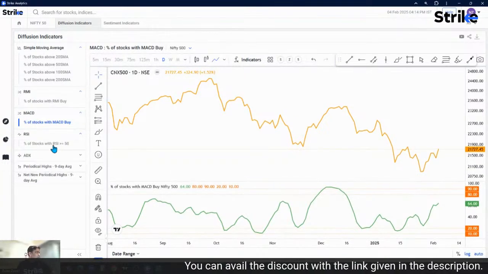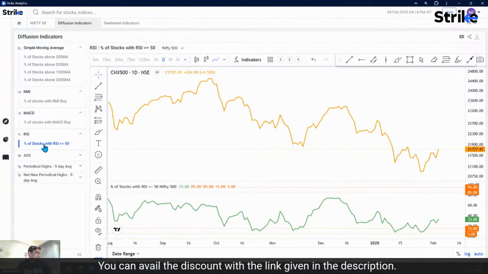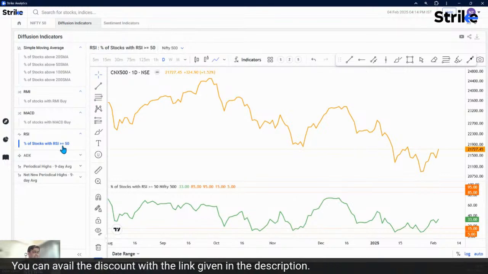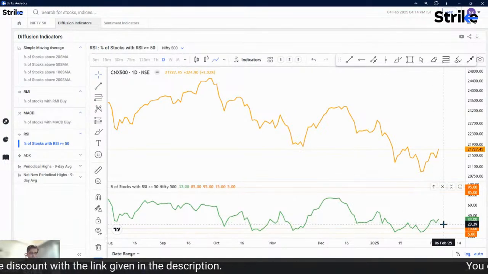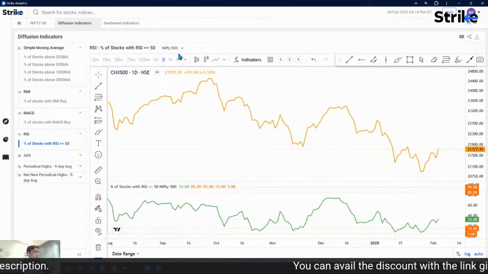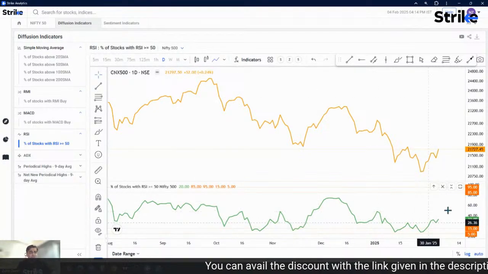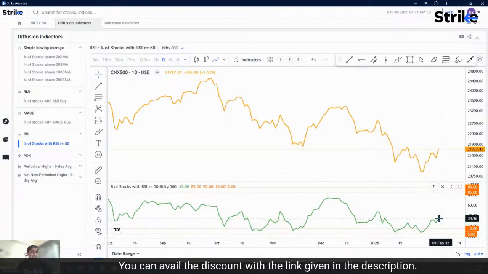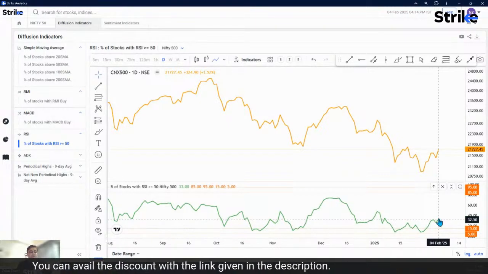Similarly, those of you who are looking at RSI, percentage of stocks with RSI greater than or equal to 50. So right now there are only 33% of the stocks out of Nifty 500 where RSI is greater than or equal to 50.